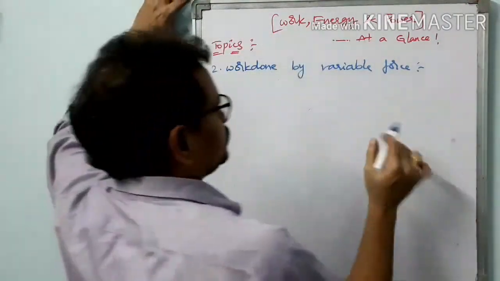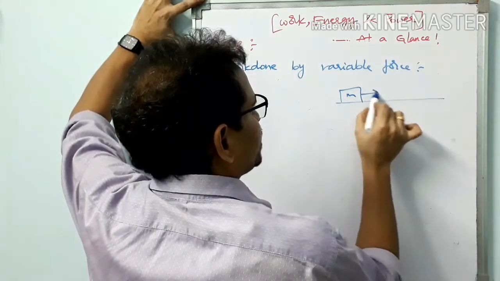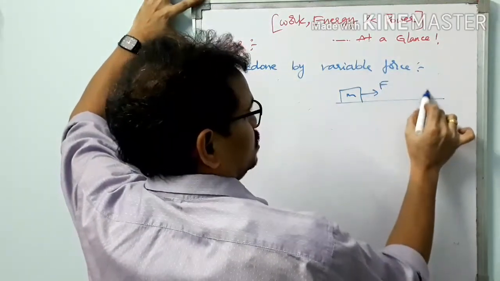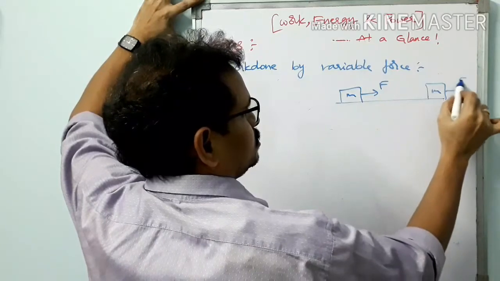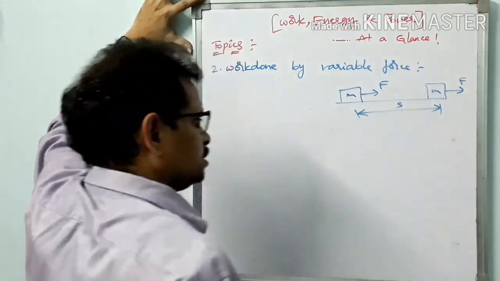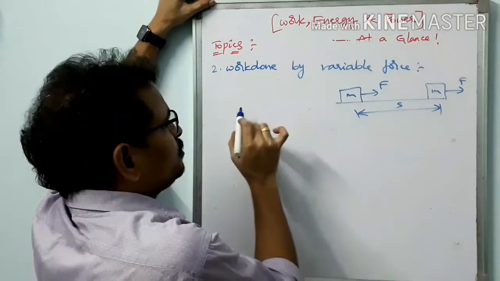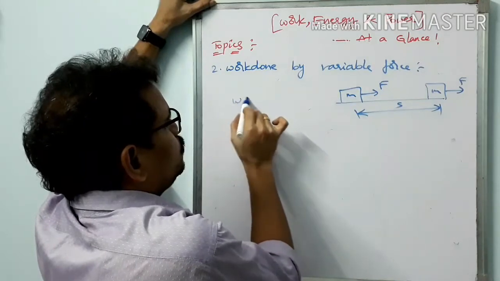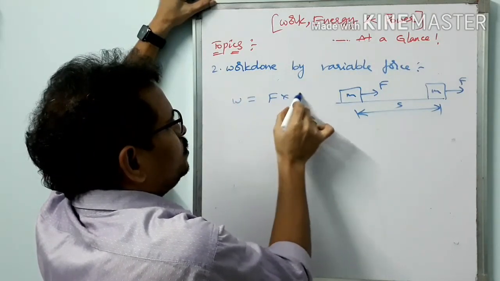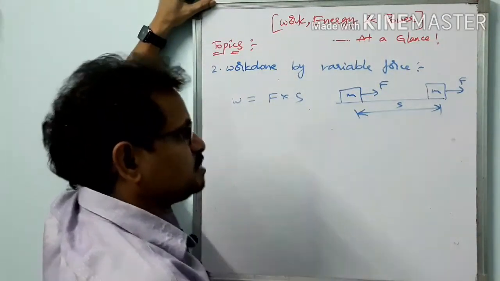So previously, when we considered a block of mass m acted upon by force F, it displaces through a displacement S. In this case, simply what we wrote here, W equal to F into S. See, these are just magnitudes here. Work done equal to force into displacement.